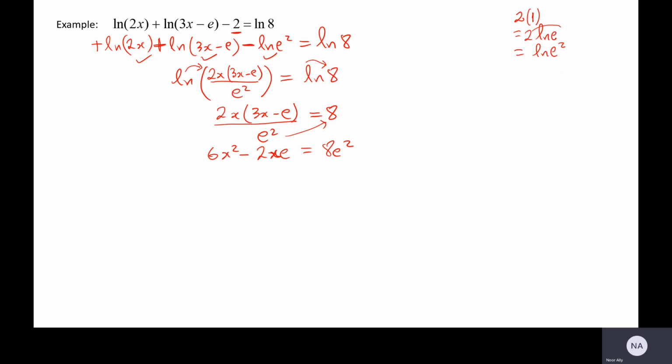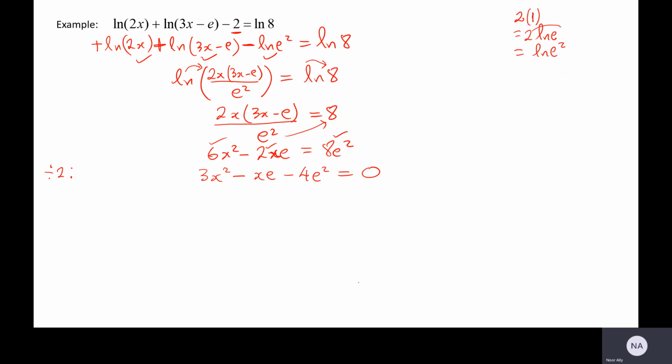I'm going to use a trinomial. Firstly, I'm going to divide by 2 and transpose the 8. If I divide 6 by 2, I get 3x squared. If I divide 2 by 2, I get xe. If I divide 8 by 2, I get 4. And then transpose that, I get minus 4e squared equal to 0.